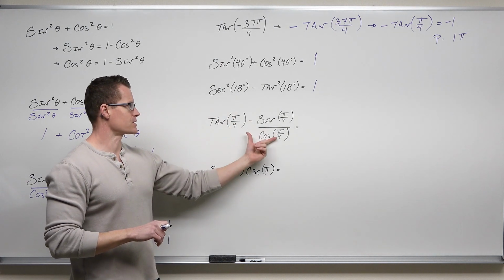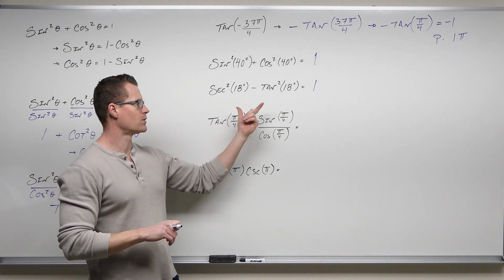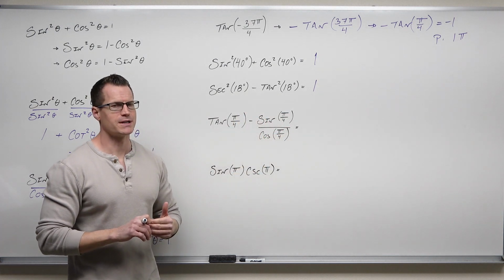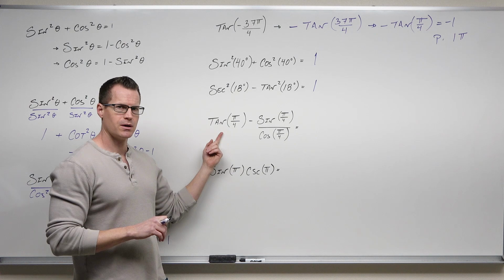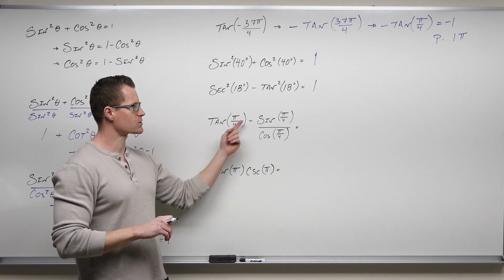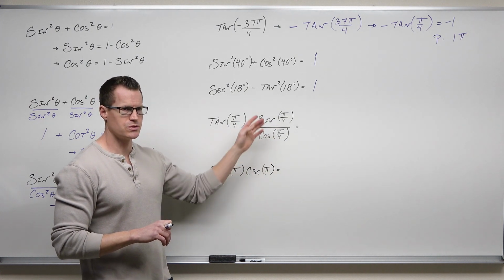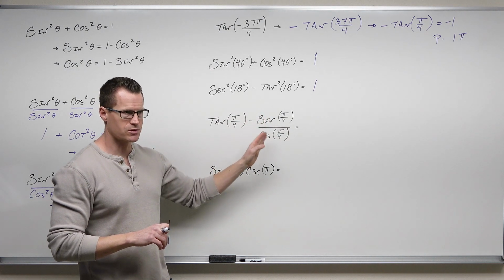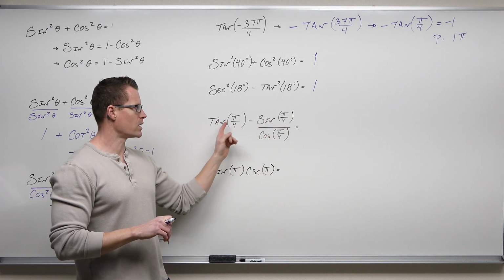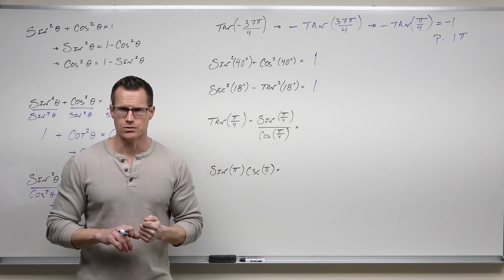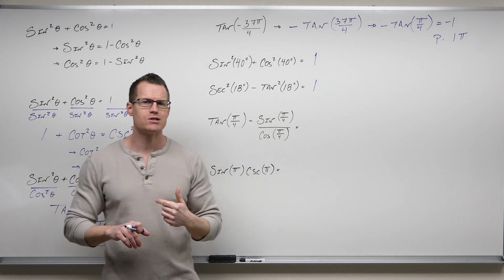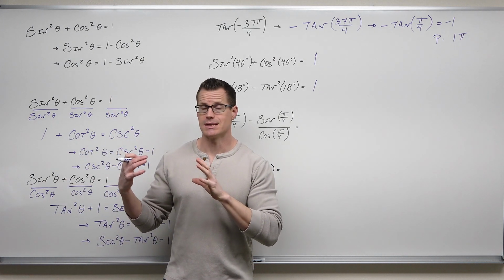Now, how about things like this? When you have tangent pi over 4, sine pi over 4, cosine pi over 4, it might be very tempting to try to look these up. You're like, well, that's 1, that's square root 2 over 2, that's square root 2 over 2, square root 2 over 2 divided by square root 2 over 2 is 1, so 1 minus 1 is 0. That's true. But sometimes it's easier to use some of our identities to get there.